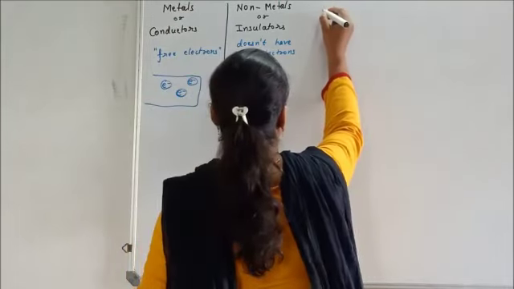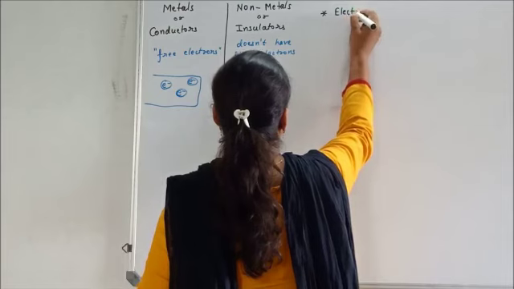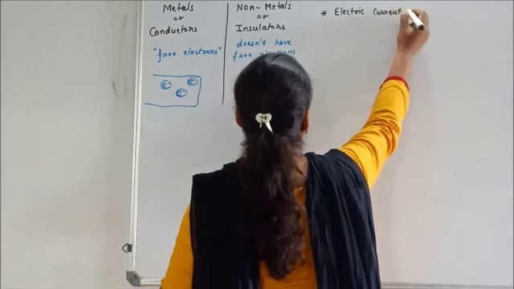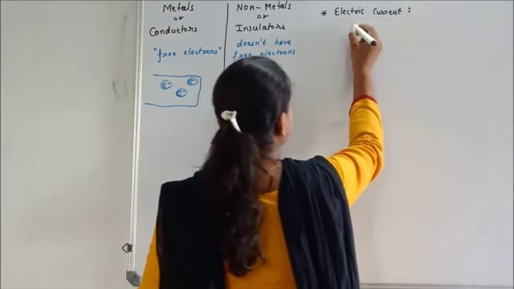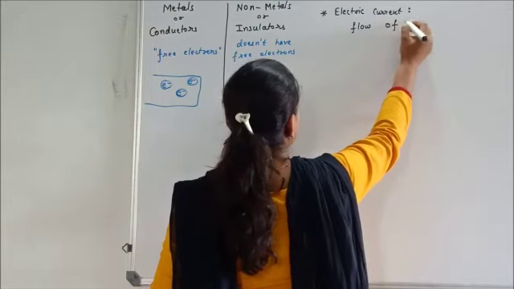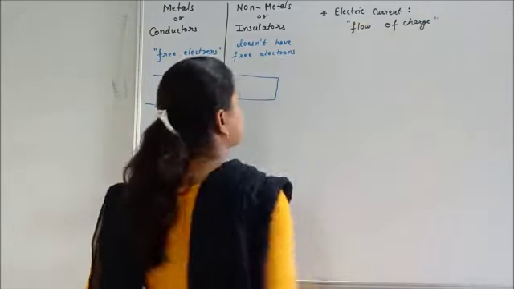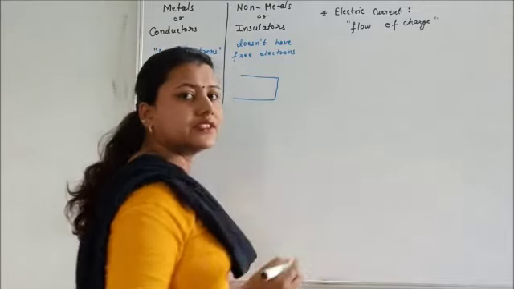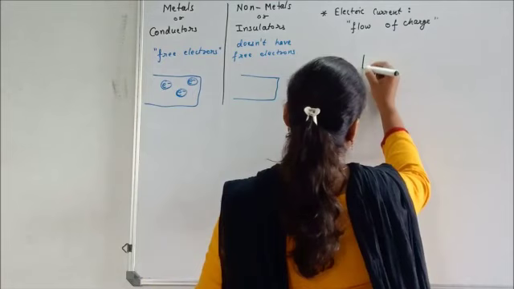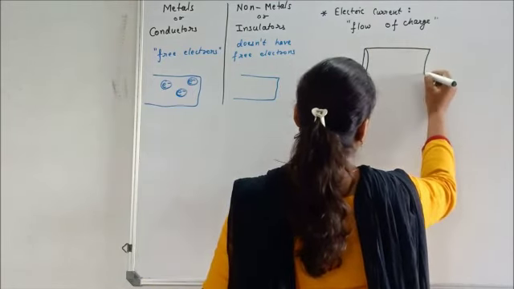So we can say that electric current is the flow of charge. If I take a piece of wire, then definitely it will be a conductor.